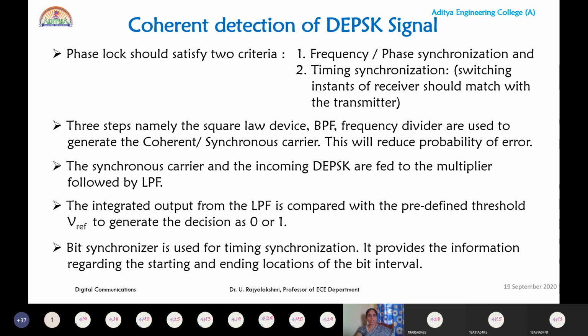Once both are open, the integration is performed and the data is forwarded to the decision device. We can see the mathematical analysis in the next slide. So the bit synchronizer is used for timing synchronization and the coherent carrier is used for frequency or phase synchronization, so that you can satisfy the phase lock criteria.